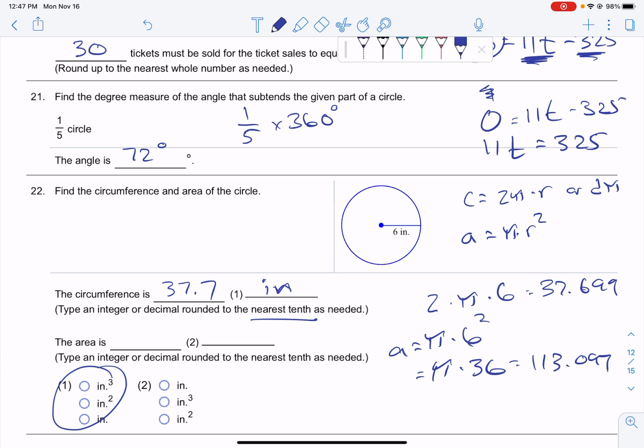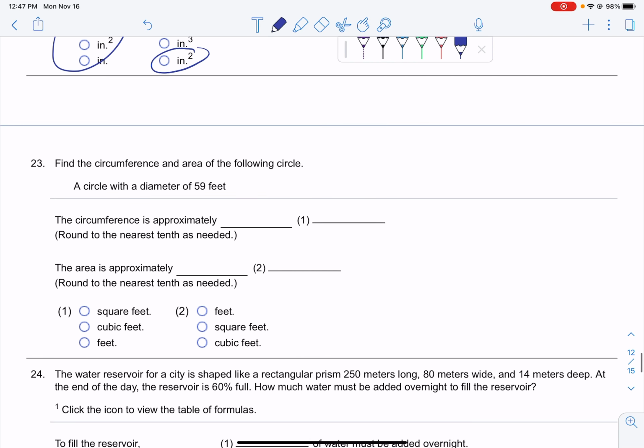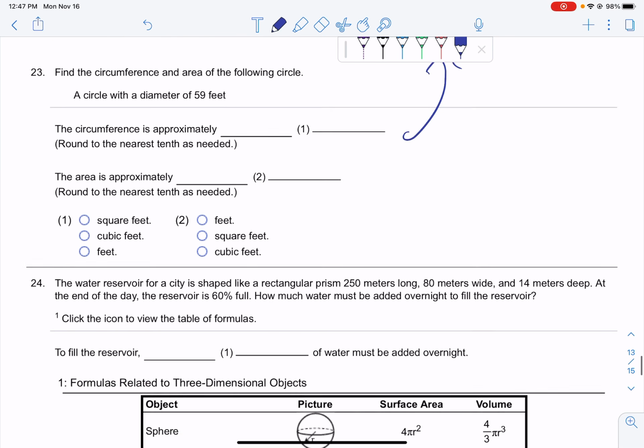And I'm rounding to the nearest tenth, so 113.1. Now I'm using area, which is inches squared, so that's going to be my units because I'm finding the area. 23, find the circumference and the area of the following circle. We just did that. If you need to see another one, go back and watch number 22.